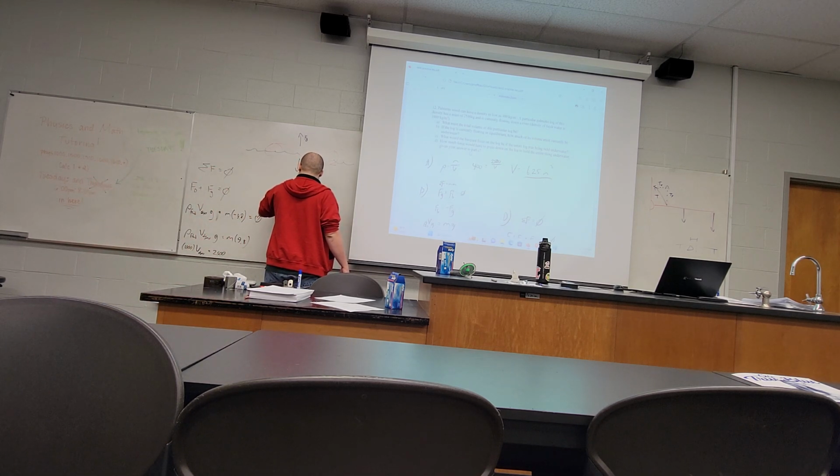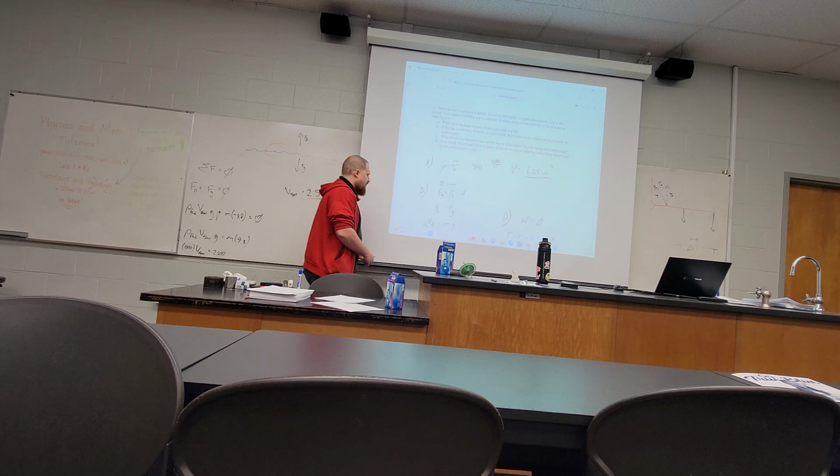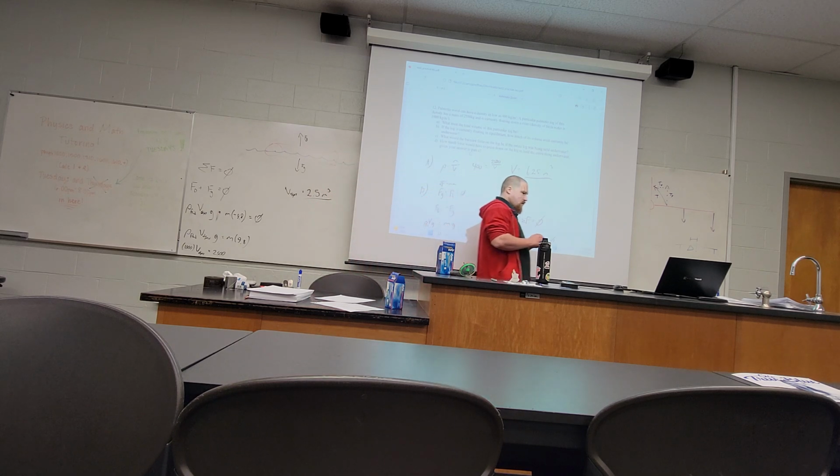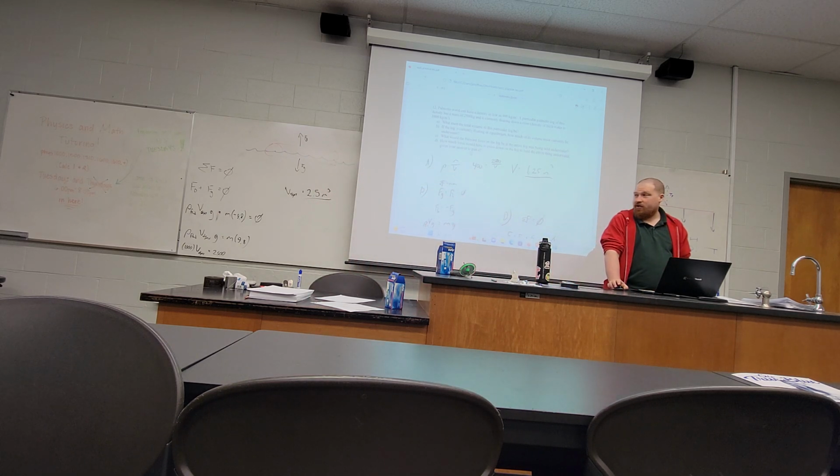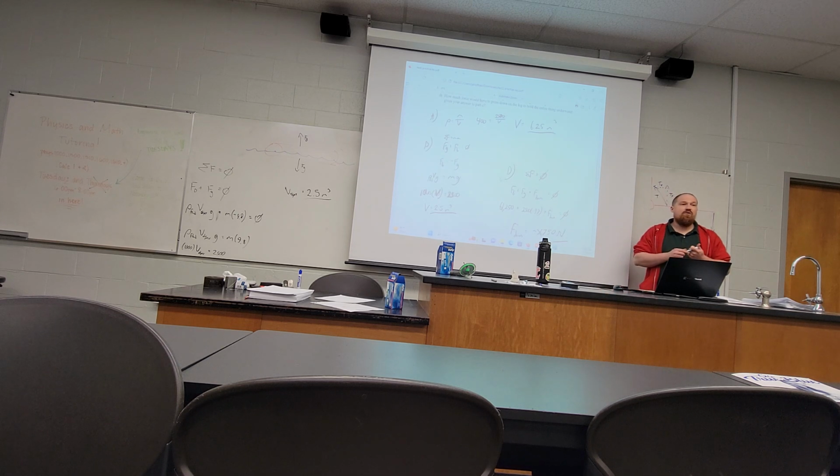So the amount of the object that is under the water is only 2.5 meters cubed. Which means actually most of it is still above water. Which makes sense. Water's density is 1,000 and the wood's density is 400. That's less than half as dense, so more than half the log is sticking out of the water right now.